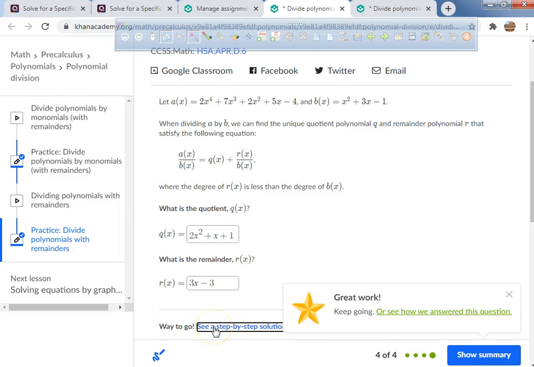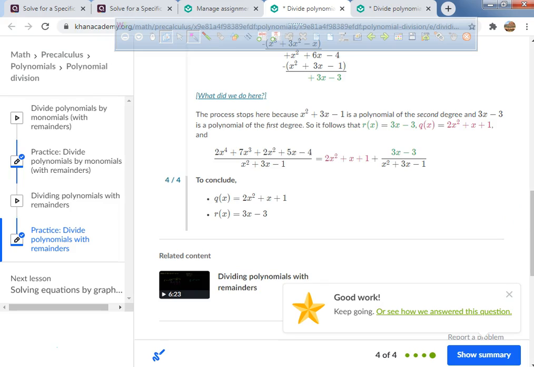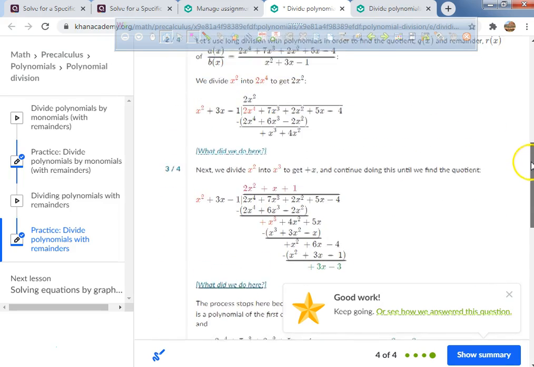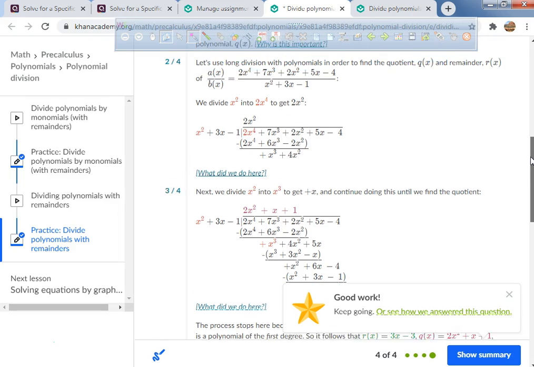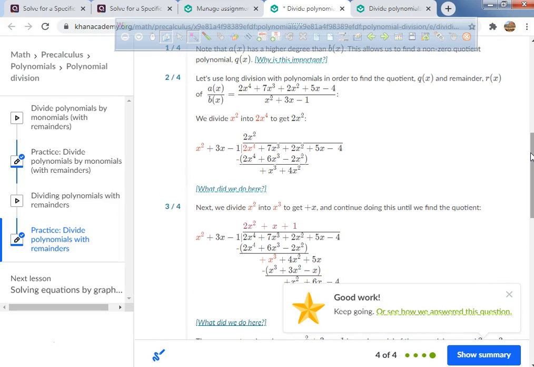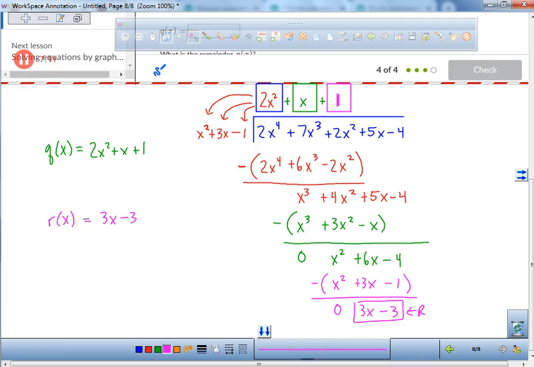So it says see a step-by-step solution. What do you guys notice about what I did and what they did? Do you notice any differences whatsoever between all of this and all of this?